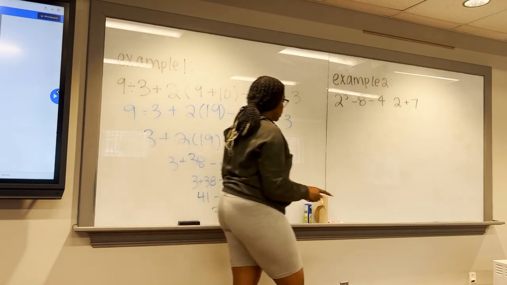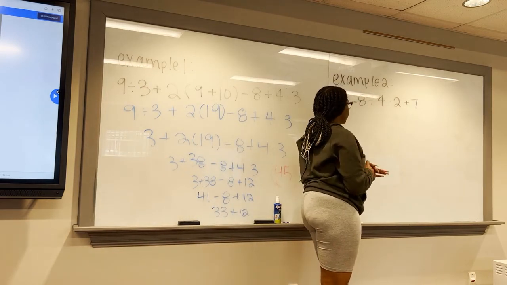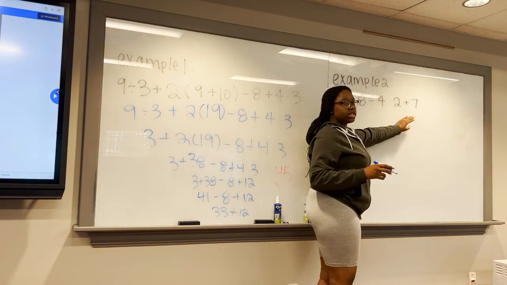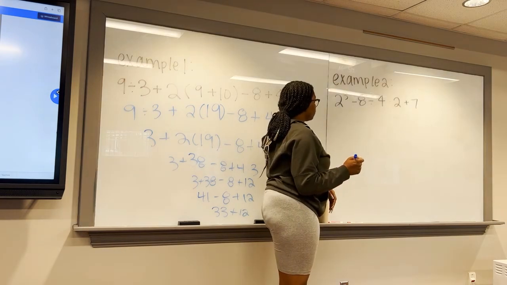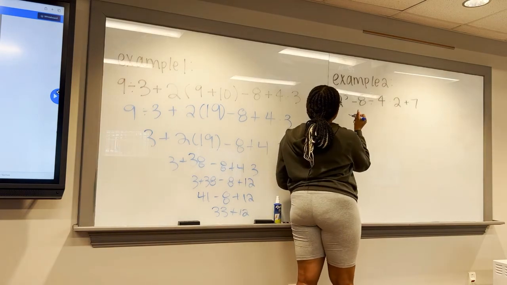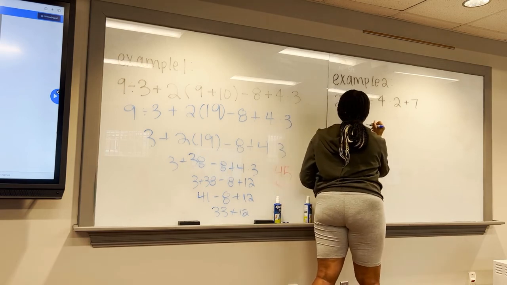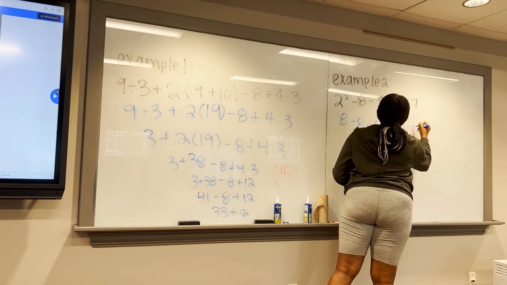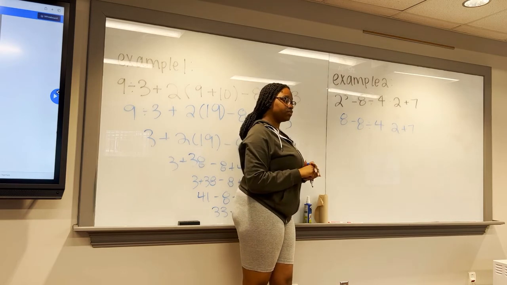Now on to our second example. 2 to the power of 3 minus 8 divided by 4 times 2 plus 7. Where do we start? 2 with the exponent of 3, which is 8. Next step, divide.